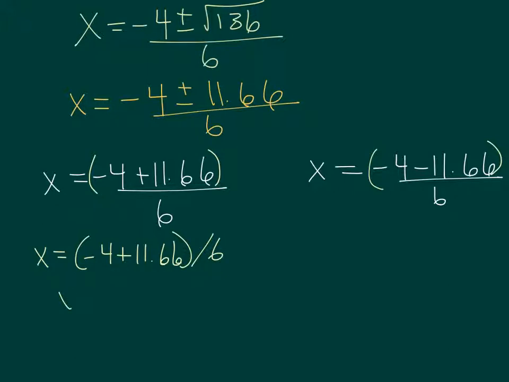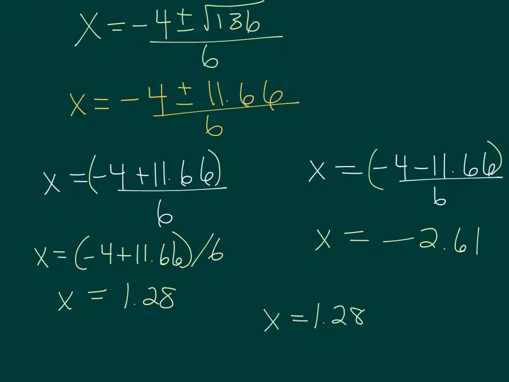When you do that, you get 1.28 when I round it. And then over here, I have x is equal to this, which gives you negative 2.61. So your two answers here are x equals 1.28 and x equals negative 2.61.